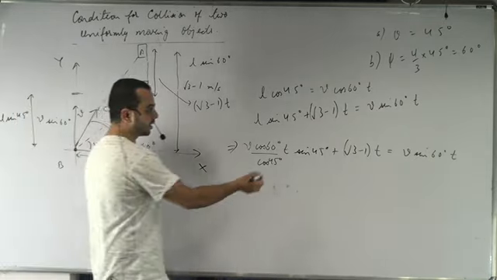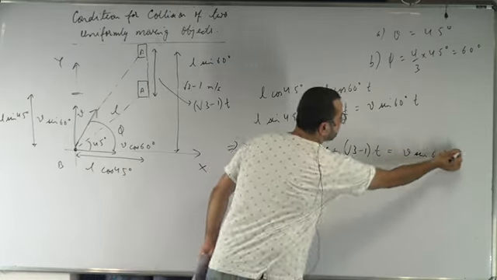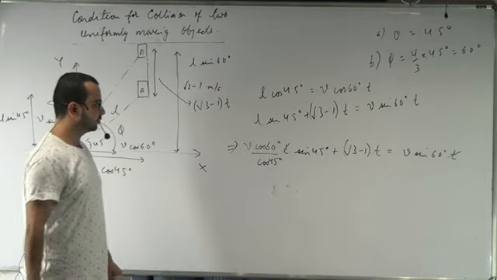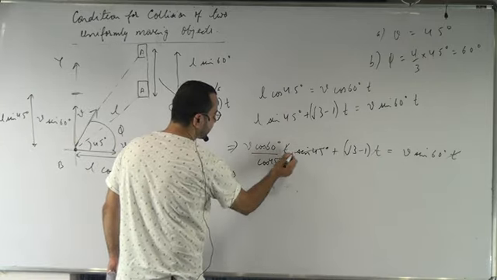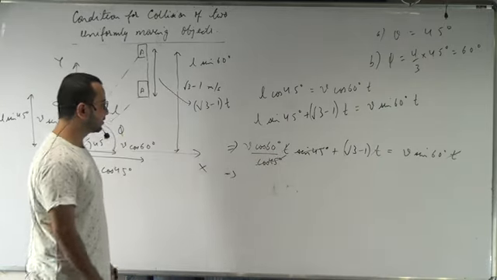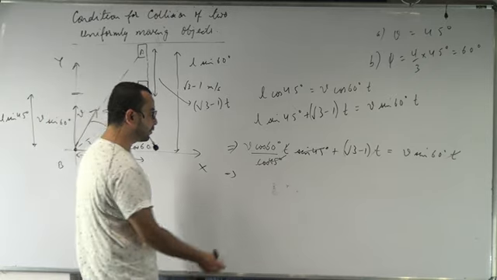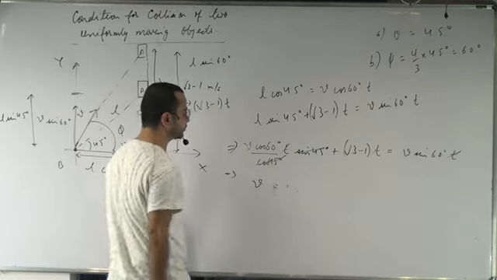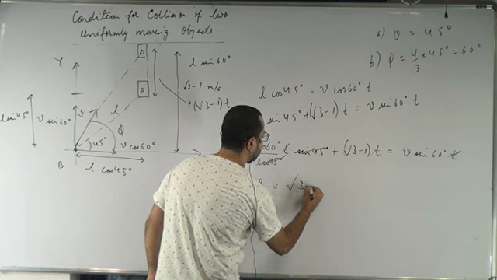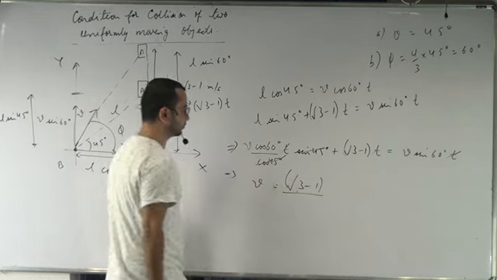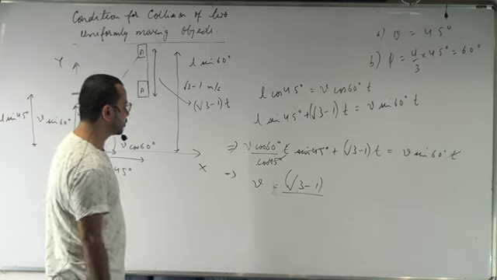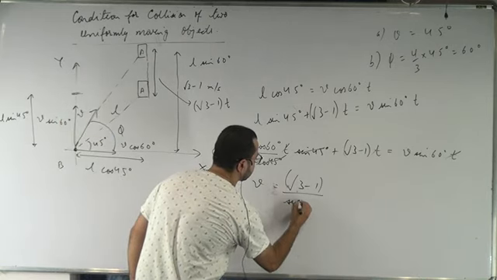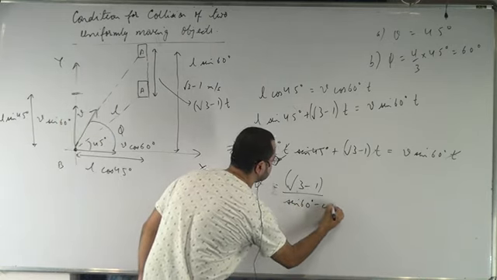Clear? यहाँ से t gets cancelled. So what are we left with? यहाँ से sin 45 degree and cos 45 degree get cancelled. So what are we left with? We are left with V is equal to root 3 minus 1 divided by sin 60 minus cos 60.